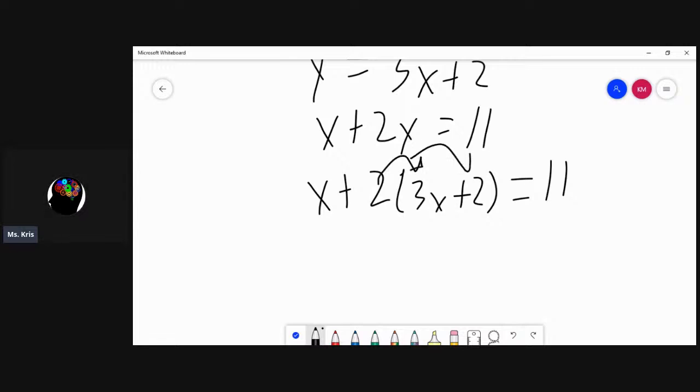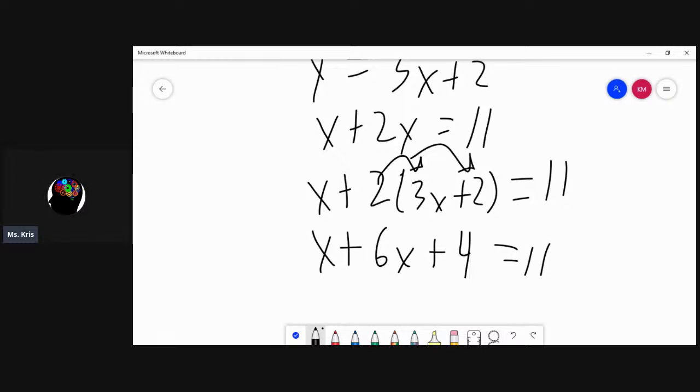Now, distribute. I'm going to distribute my 2 to 3x and to my 2. Bring down my x, and 2 times 3x is 6x. 2 times 2 is 4, and it's a plus 4 because that's a positive 2 times a positive 2. And that equals 11. With me so far?